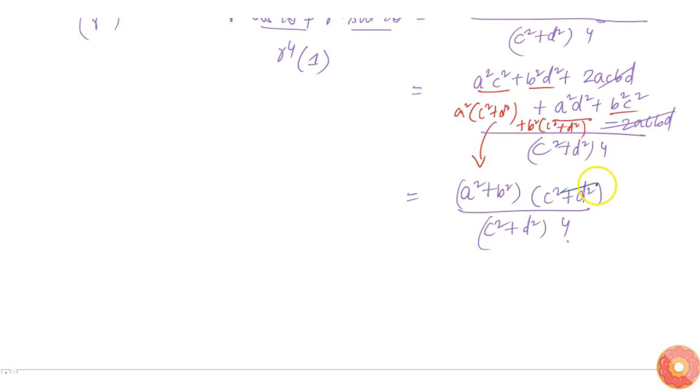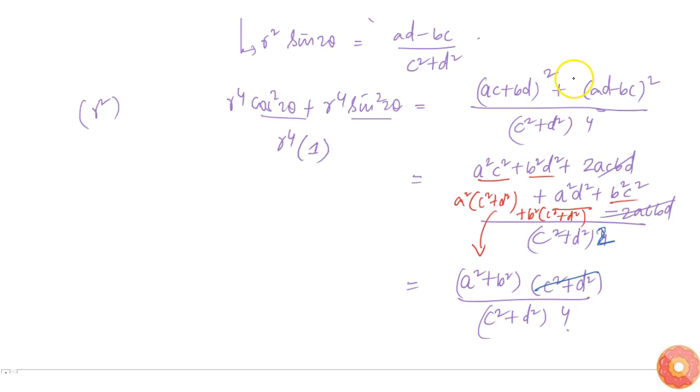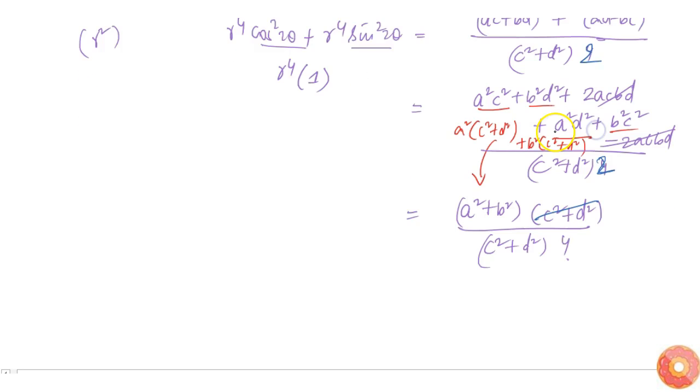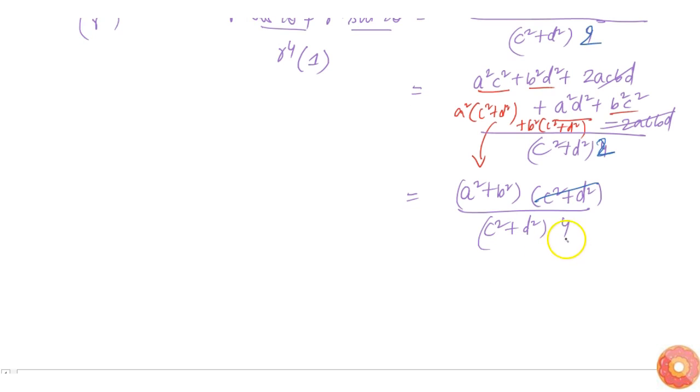Oh, here it's just square actually. I was just writing for 4, I'm making a mistake here. It's just square, so that square gets cancelled. So this will become a square plus b square by c square plus d square. This is r power 4.